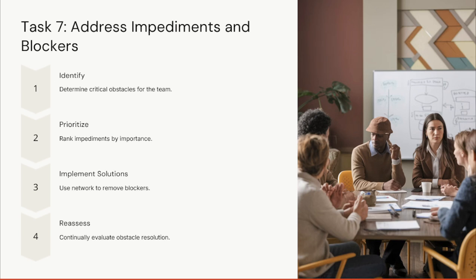So you have to use one of these techniques, like impact analysis or the MoSCoW framework, which is must have, should have, could have, won't have, to determine which issues demand immediate attention. Remember, the correct responses will focus on prioritizing the high-impact blockers that directly affect the project deliverables or timelines.